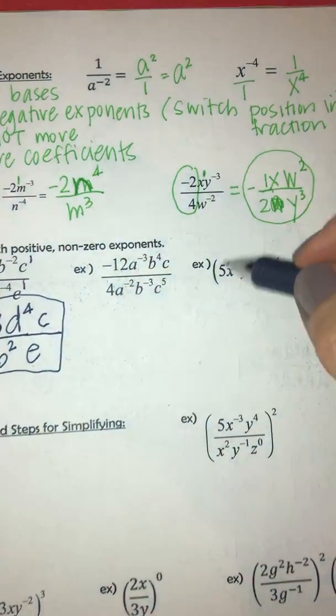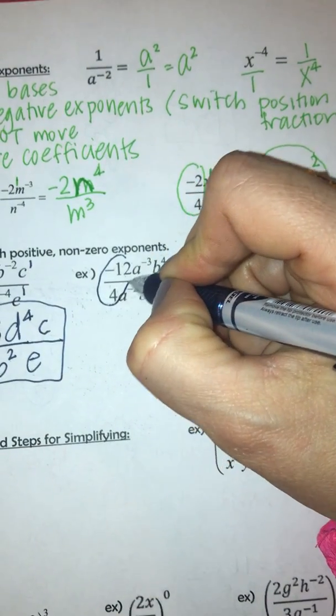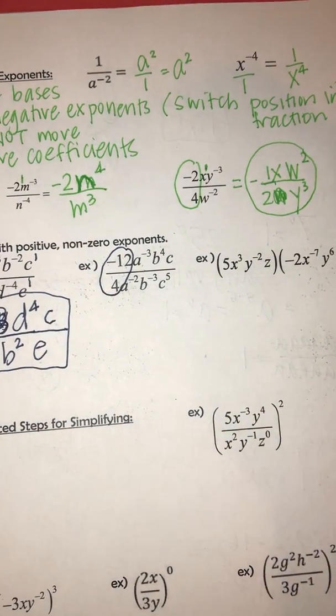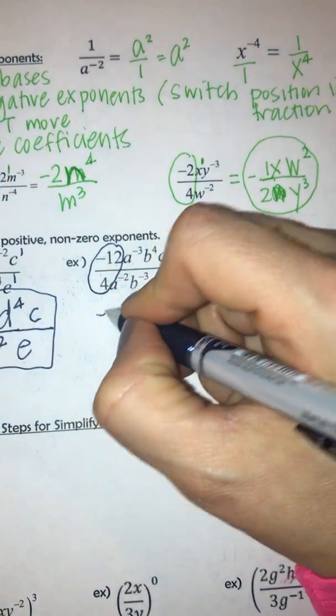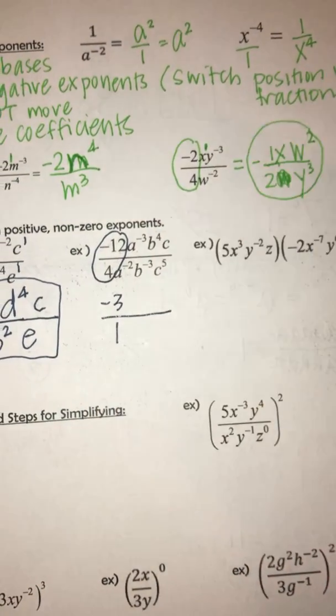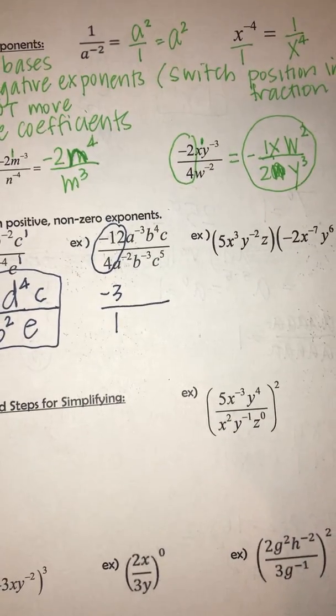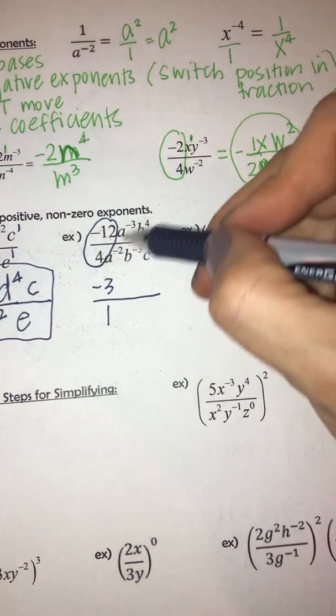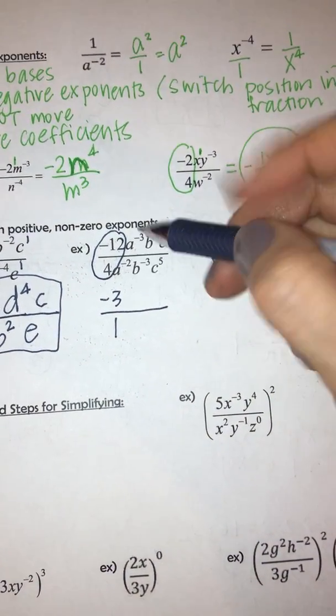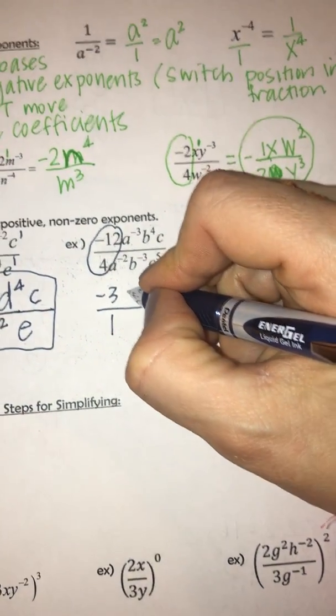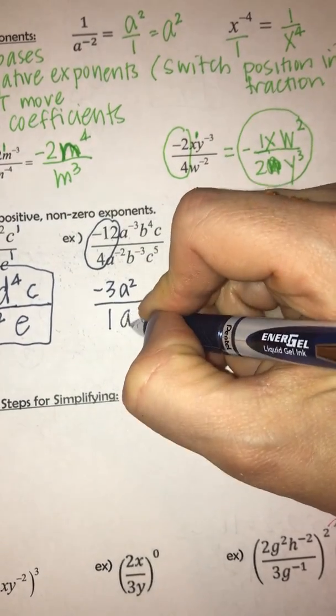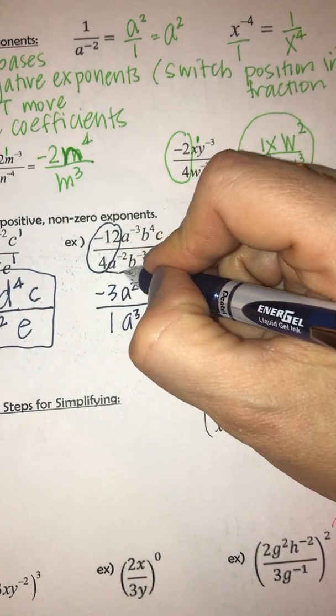All right, next one here. I can simplify -12/4. So this is a -3 on top, a 1 on the bottom. Now with these negative exponents, I'm going to switch them around. So the negative exponents are going to flip. So a to the 2nd, a to the 3rd, because they were both negative.